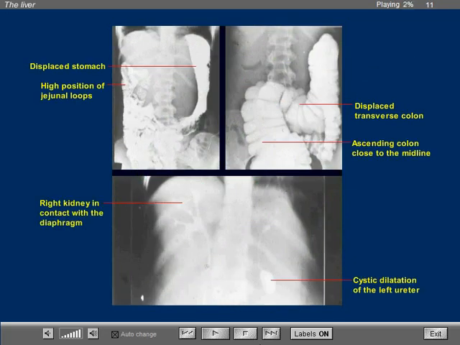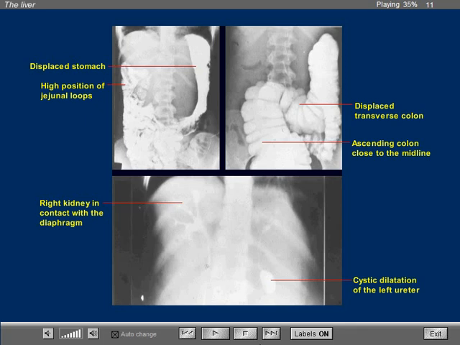This is a very spectacular case of a youngster who on physical examination revealed a mass palpated in the epigastrium. Contrast studies were ordered, and we are showing you the stomach, the colon, and a close-up of the upper urinary tract. Note that there is displacement of the gastric antrum caudally.